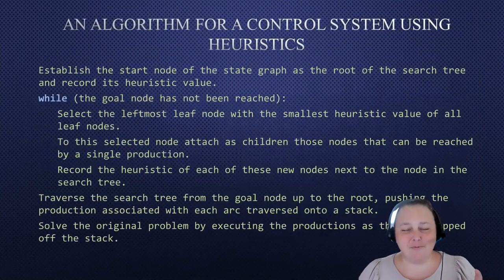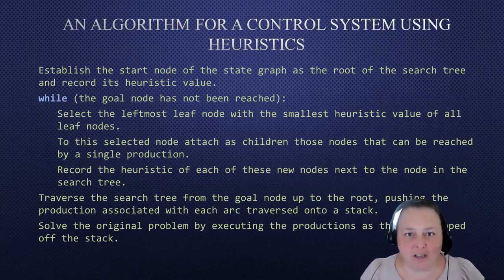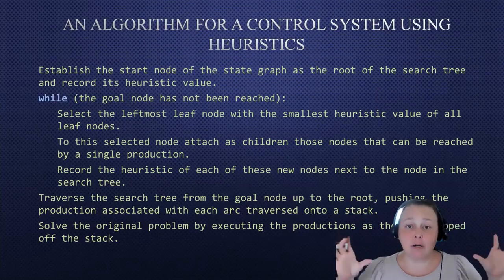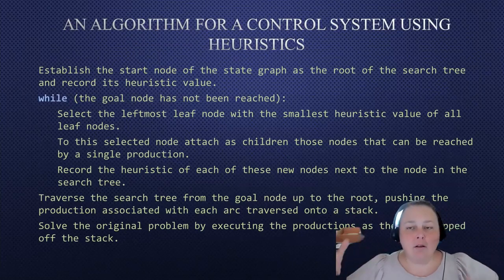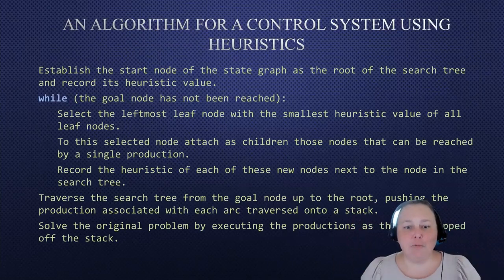But this is what we can kind of look at as pseudocode for an algorithm that's going to look at that heuristic. We're going to establish a start position, and then while we're in a loop, the instructions for the heuristic are we're going to select the leftmost leaf with the smallest heuristic value. Now, for our example, we said that the number of tiles that are not in the correct position is our heuristic value.